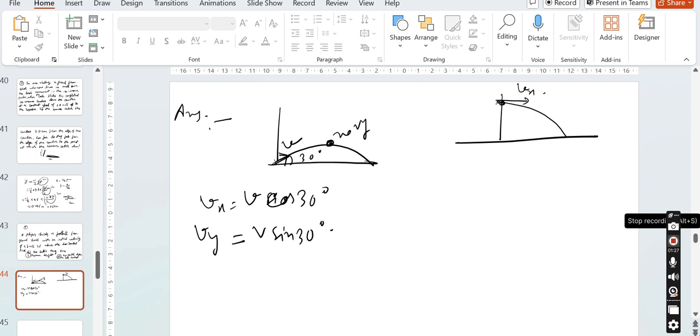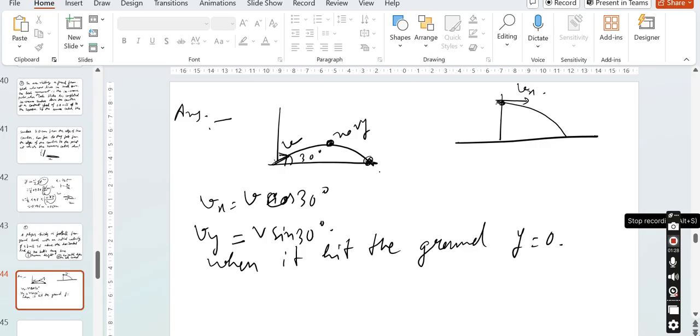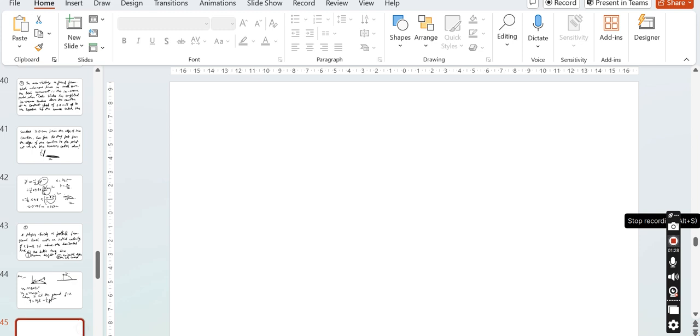Okay. So when it lands, it is at the ground, so there is no y direction displacement. When it hits the ground, y is equal to 0. So y is Vy t minus half of g t square, so t is 2Vy by g when t is not equal to 0.